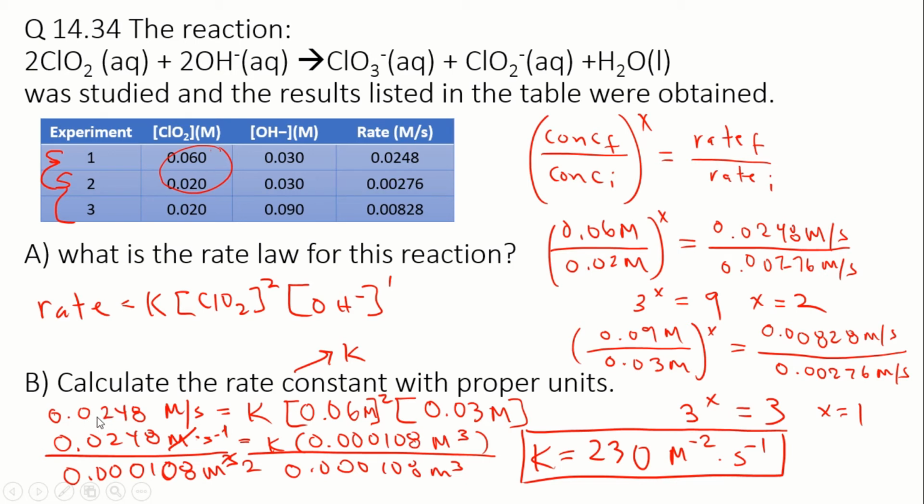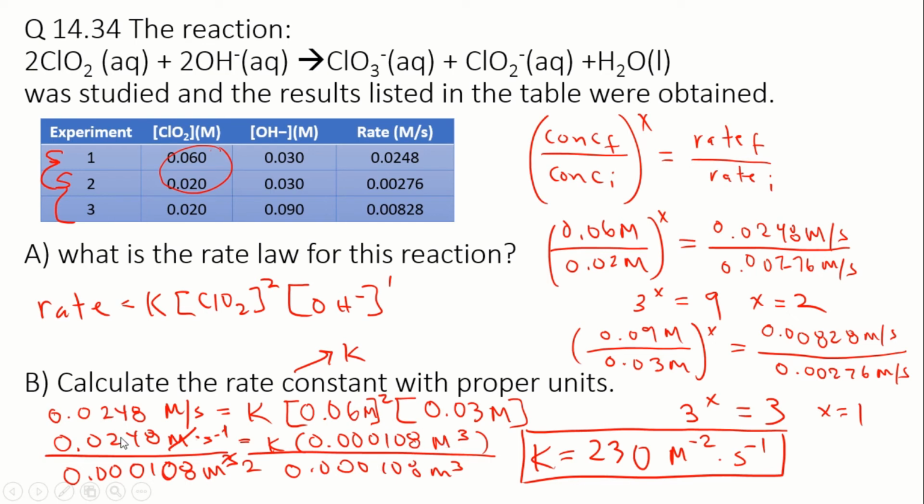So here's our rate, 0.0248 molar per second equals our rate constant times our concentration, 0.06 squared, times our other concentration, 0.03, and that's to the first power. Square that, multiply those together, I get a concentration that's cubed.